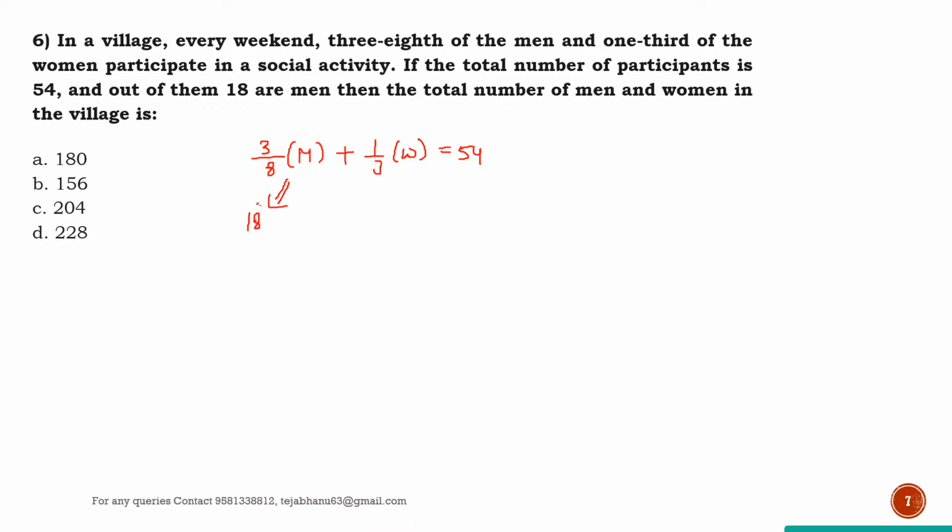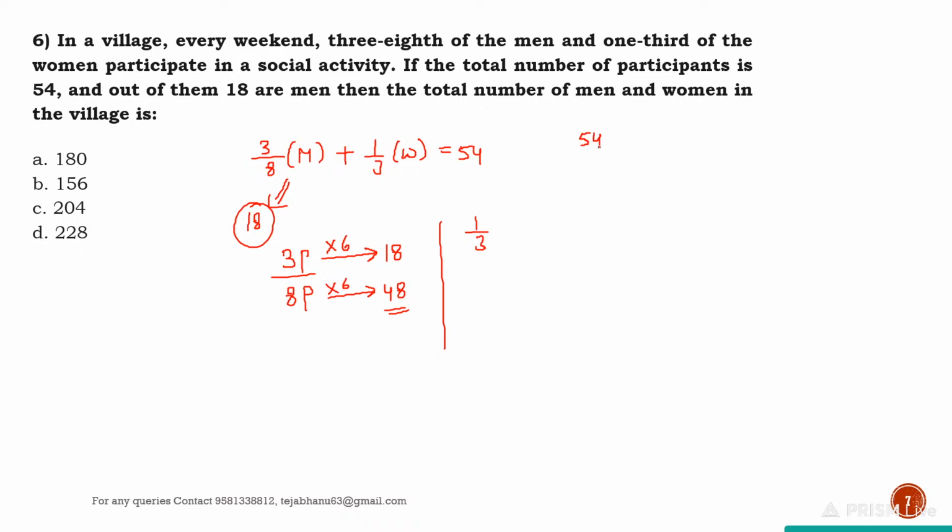3/8. He has given that 18 men joined. That is the 3/8 fraction, 3 parts out of 8 parts participated in the social activity. These 3 parts are 18. 3 sixes are 18, 8 parts, 8 sixes are 48. Total there are 48 men. Now 1/3 of the women participated.